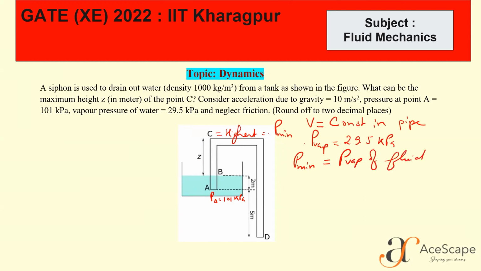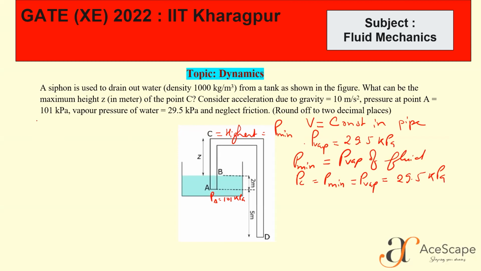And we know the characteristic of the siphon tube is that the highest point, which is at C, has the minimum pressure. So pressure at C is equal to the minimum pressure, which is equal to the vapor pressure of the fluid, nothing but 29.5 kilopascal. So this is the concept. Now we will just apply the Bernoulli equation and we'll get the answer.